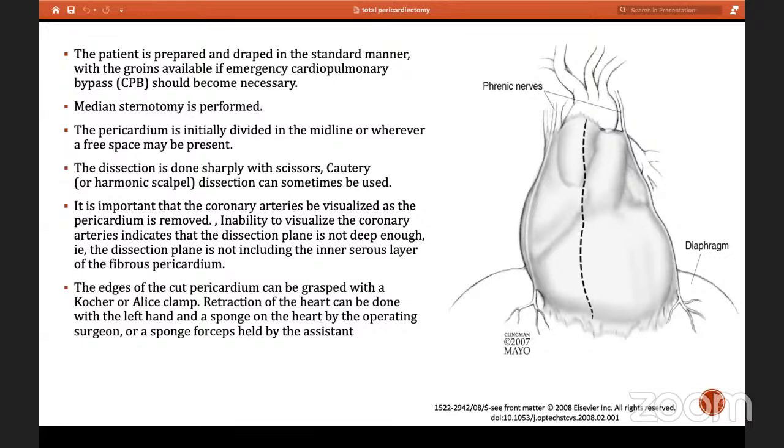The edges of the cut pericardium can be grasped with a Kocher clamp or else clamped to easily facilitate the dissection. Retraction of the heart can also be done with the left hand and a sponge on the heart by the operating surgeon. As shown here, these are the phrenic nerves on the lateral sides of the pericardium.